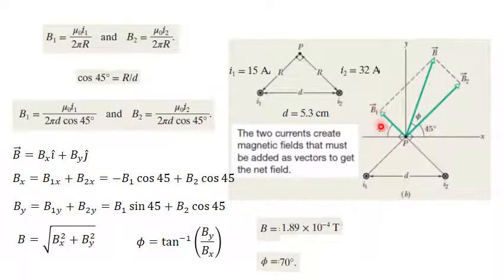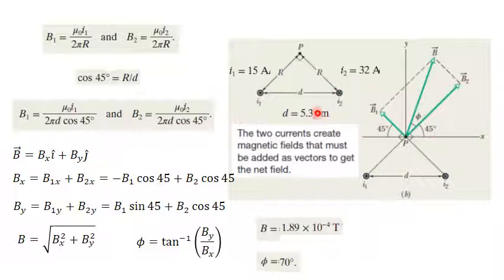If we analyze these values into X and Y directions, B1X is B1 cosine 45 in the negative X direction, and B1Y is B1 sine 45 in the positive Y direction.